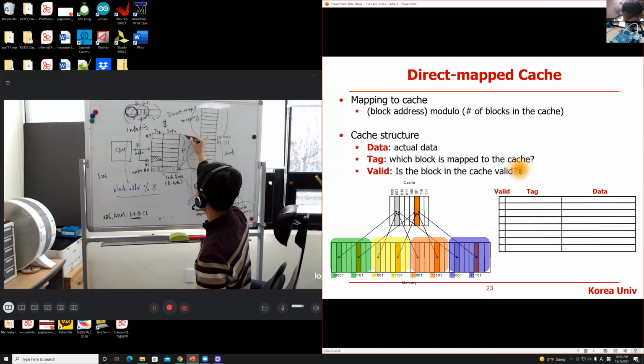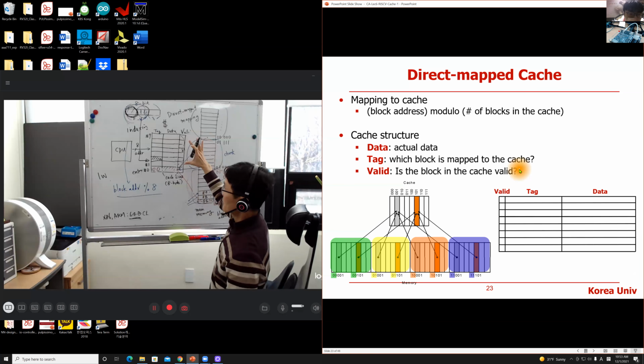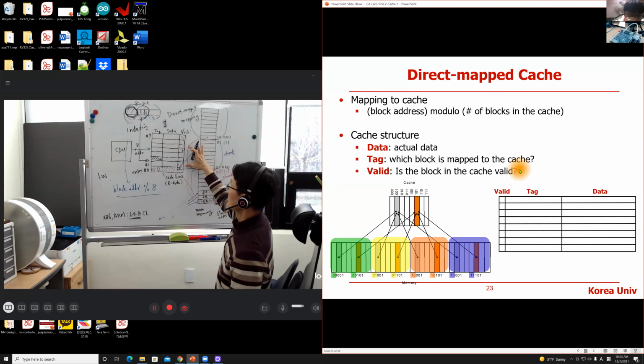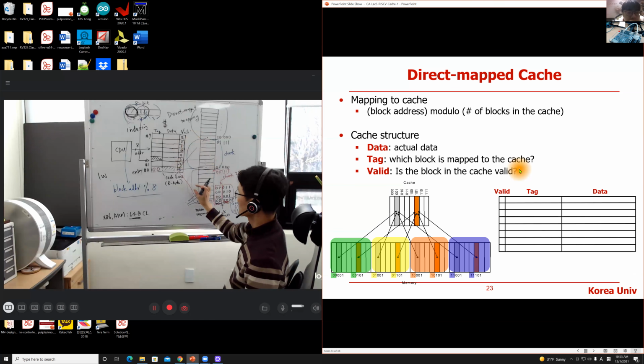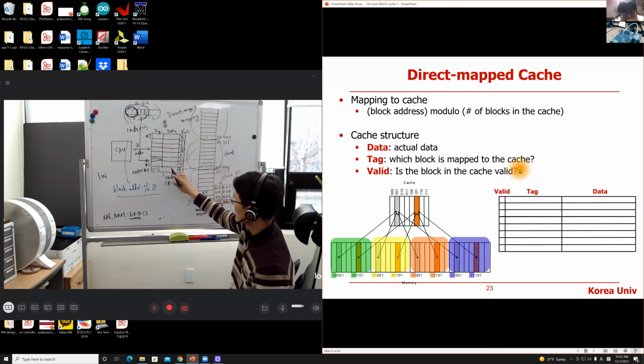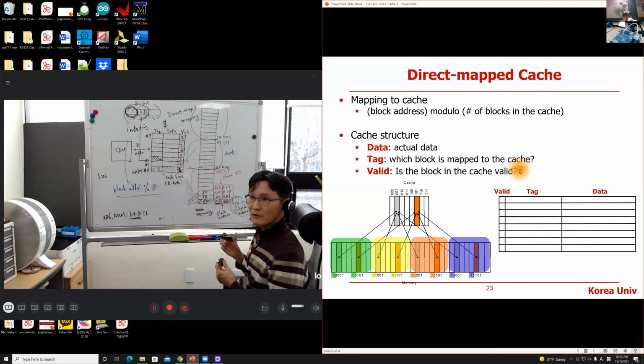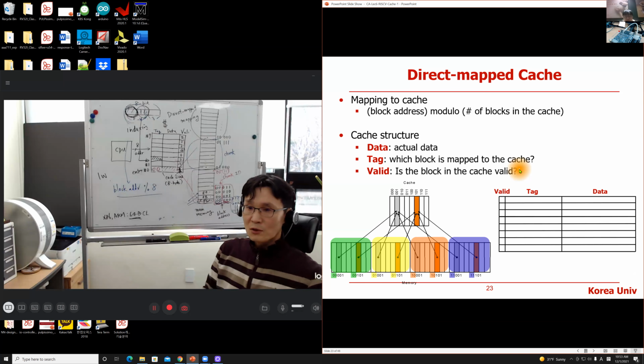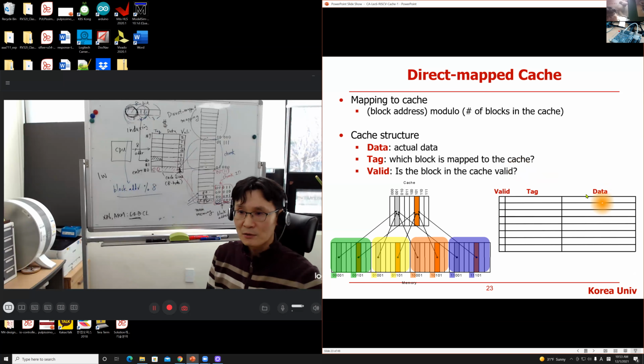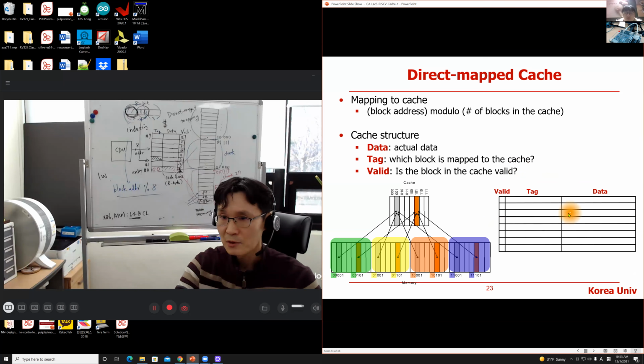At the beginning, when you turn on your computer, valid is all 0, meaning the cache has junk information, no valuable data. When you bring a memory block to the cache, the valid bit is changed to 1. That means this cache entry is valid now. So valid bit, tag field, and data: a simple cache structure.